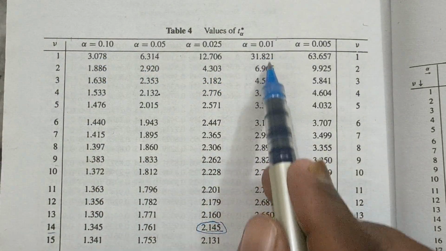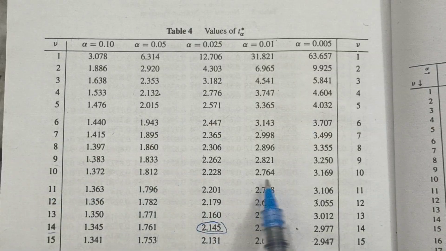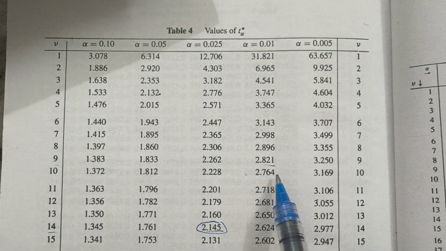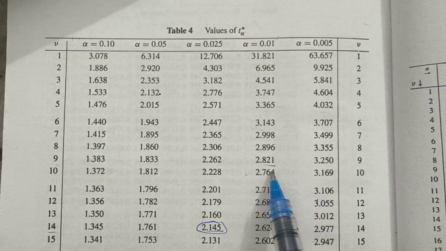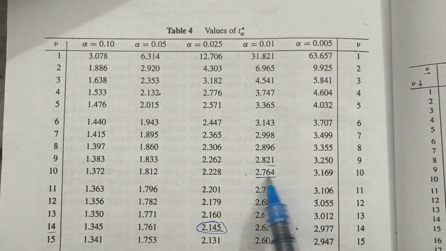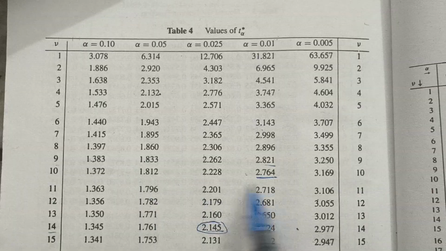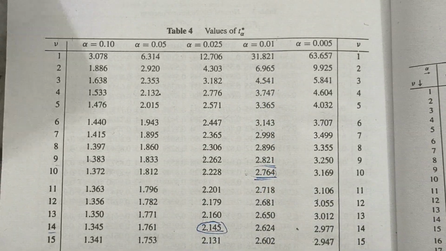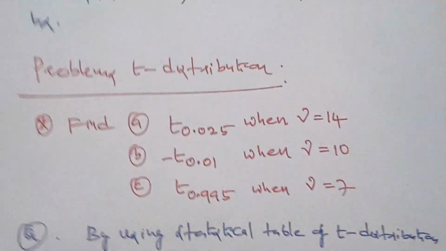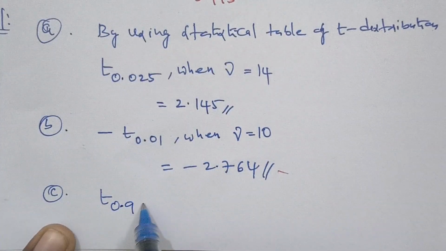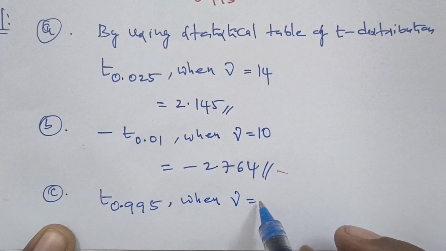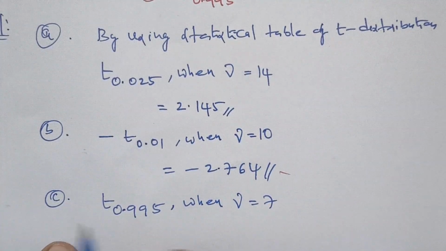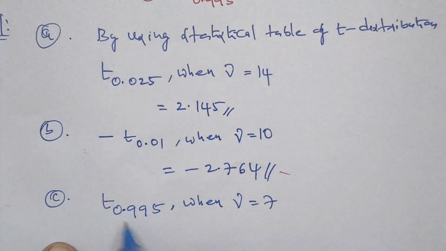The value corresponding to these two is 2.764. So degrees of freedom 10 and alpha 0.01 gives minus 2.764. And problem c is t 0.995 when nu equals 7.